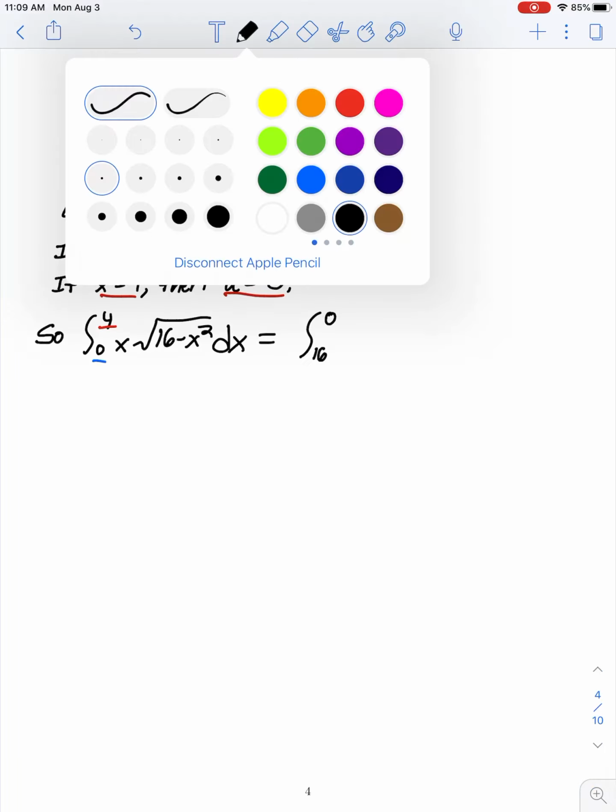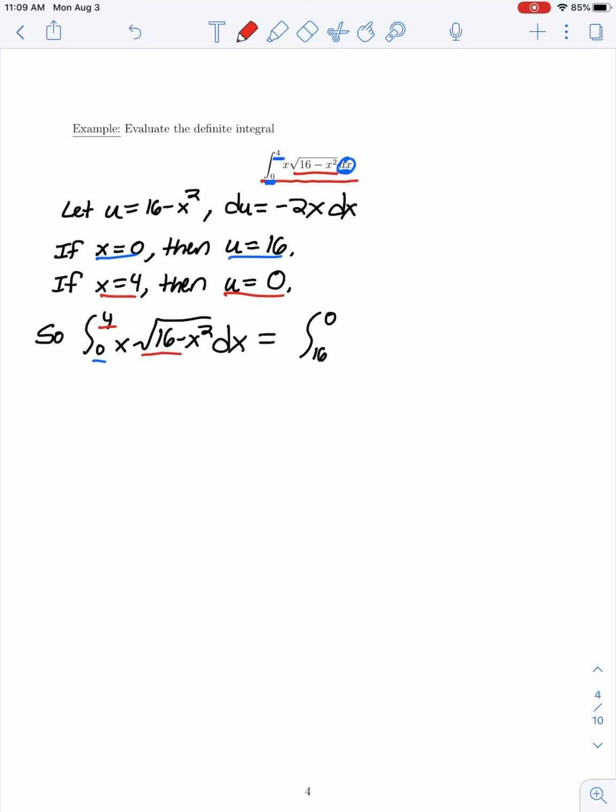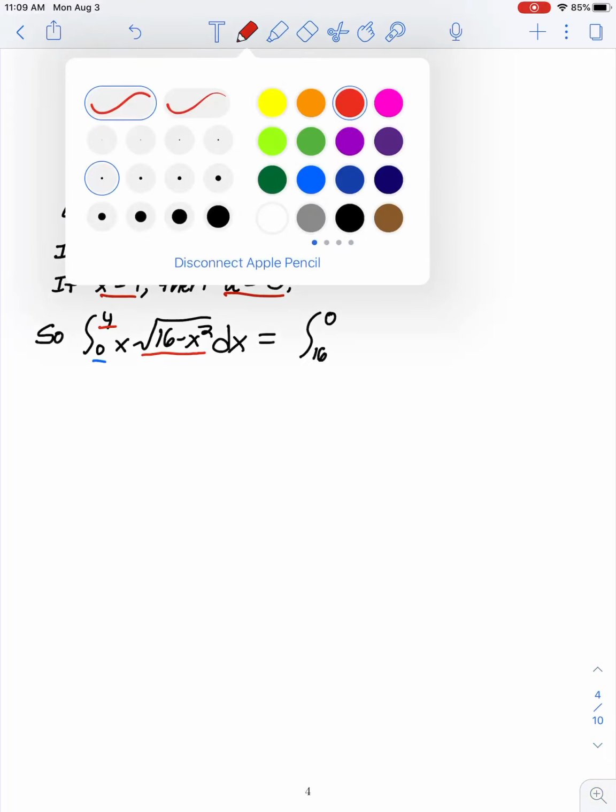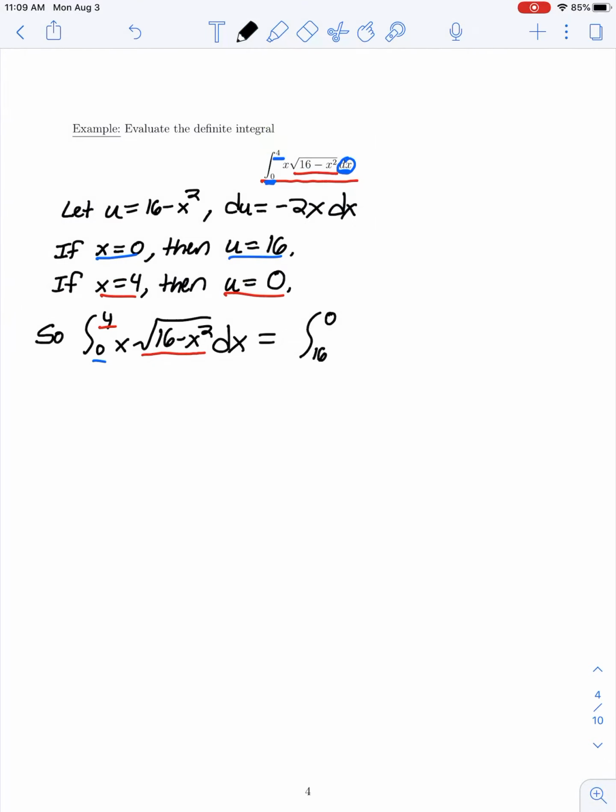Now what we're left with is the square root of 16 minus x squared, which is simply the square root of u. And then the last part that I'm left with is an x times dx.